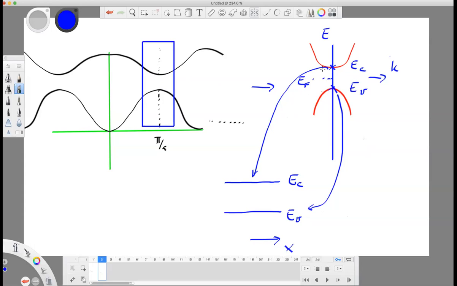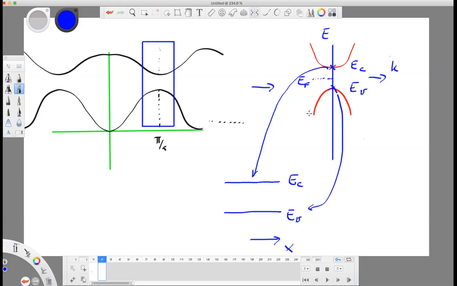So you always have to ask, when they show you a picture of the band structure or the relationship between E and k, the dispersion relation, where is the Fermi energy, so you can focus on that point and not delude yourself looking at other places where there's no action going on.